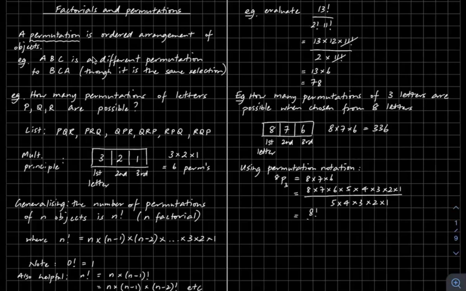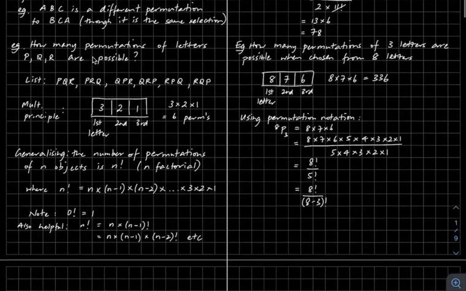So now it's 8 factorial over 5 factorial, but even more significantly I can write it in terms of the numbers 8 and 3 by recognizing that the denominator is in fact 8 minus 3 factorial. So 8P3, the number of permutations of 3 things chosen from 8, can be calculated using the formula 8 factorial over 8 take 3 factorial. And so we can generalize that.